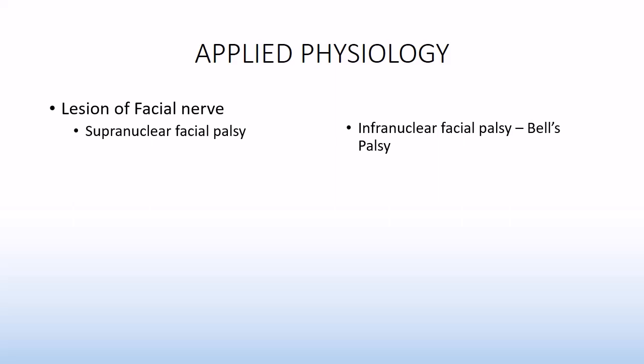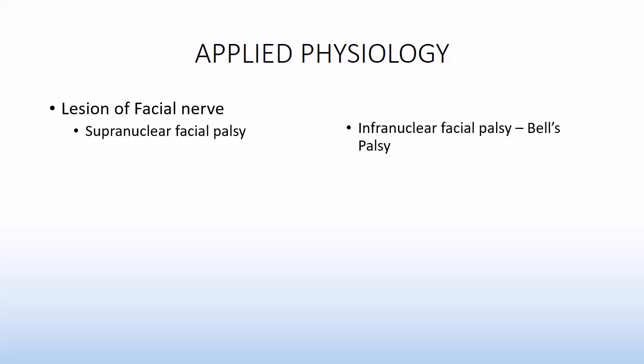Food is collected between the lips and the gum on the affected side. Fluid and saliva escape from the affected angle of the mouth, and there is loss of taste sensation from the anterior two-third of the tongue. However, if the lesion is below the joining of the chorda tympani, then the taste sensation will not be affected. Okay, so these are the effects of paralysis of facial nerve.